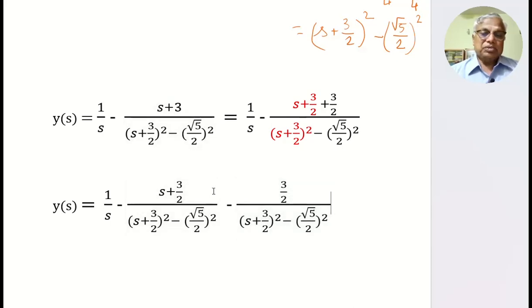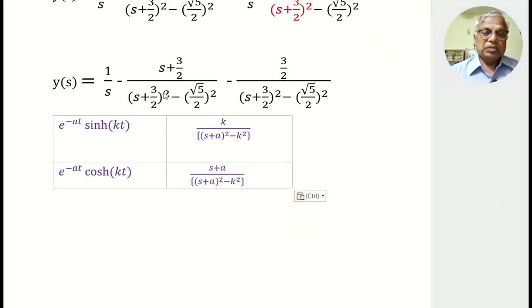Now what is the formula? If you recall those Laplace transform tables, the link for which I had given below, you will be able to recall that the Laplace transform of e power minus at sin hyperbolic kt is this.